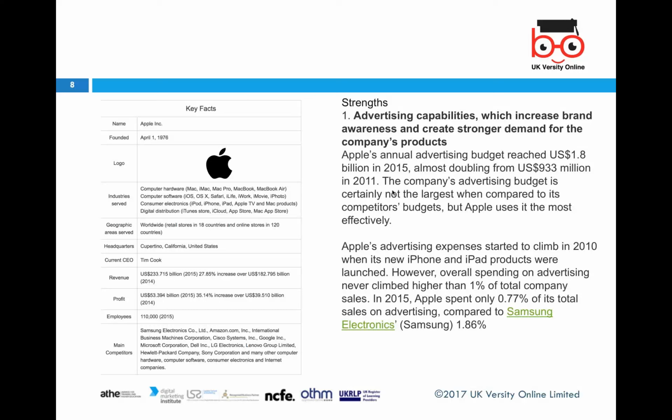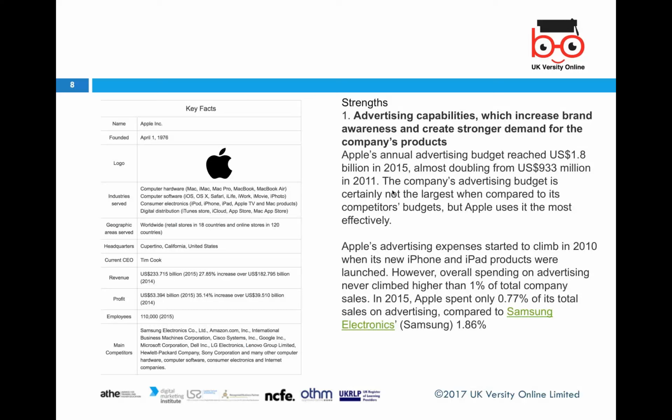If you see some of the adverts, it's primarily print and others, but TV advertising is mostly on that. Its expenses have climbed because it's trying to advertise its flagship products, which tends to be a strength because that is where most of the revenue is coming from.